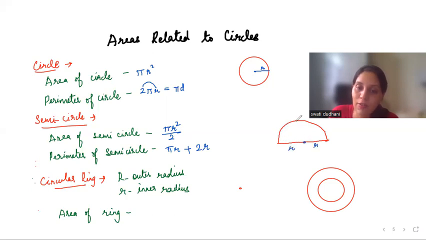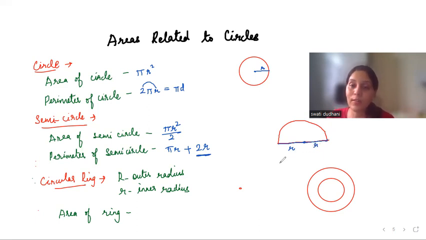This circumference is equal to pi r plus this one, which is r plus r, 2r. Many students forget to add 2r, but the circumference of semicircle is the boundary, which is 2 pi r by 2 plus this radius plus radius, 2r.